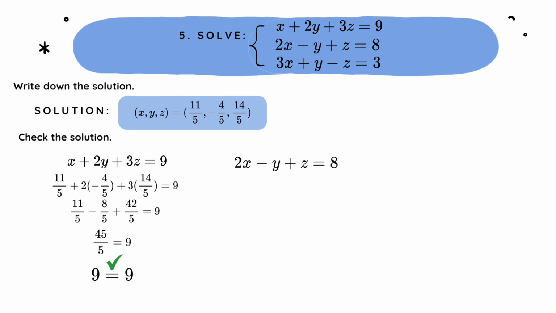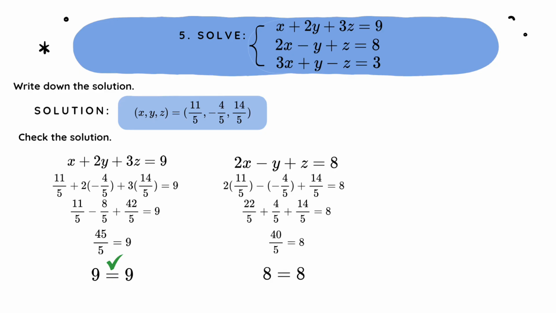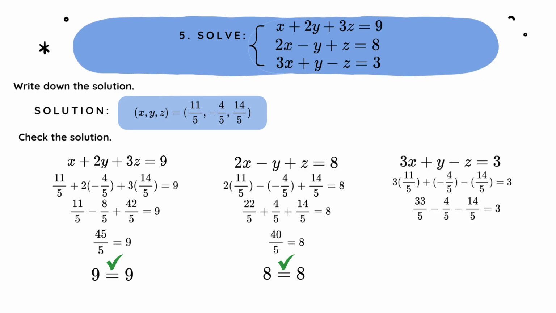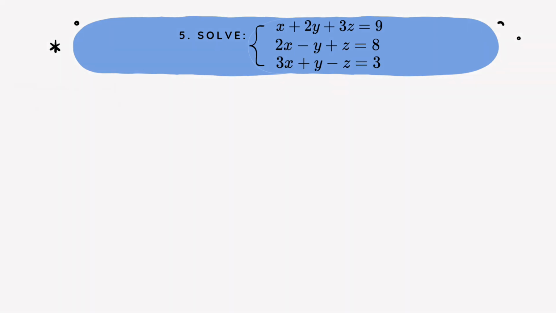Let's also substitute them to our second equation, 2x minus y plus z is equal 8, resulting to 8 is equal 8, which means that it is also correct. Let's substitute our values in our third equation. 15 over 5 equals 3, then 3 is equal to 3. Therefore, our values are all correct.